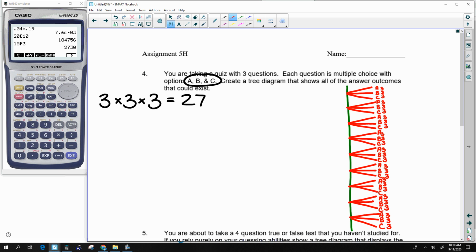Question 2 is A, B, and C. Again, this is question 2.